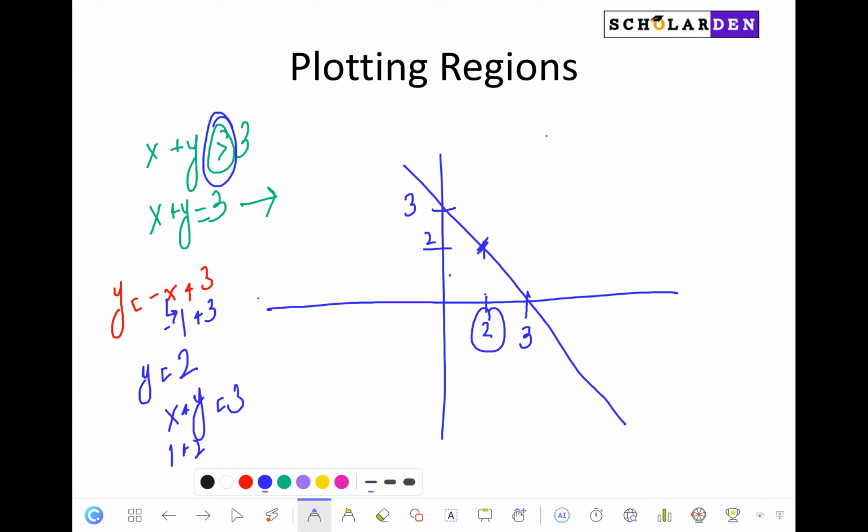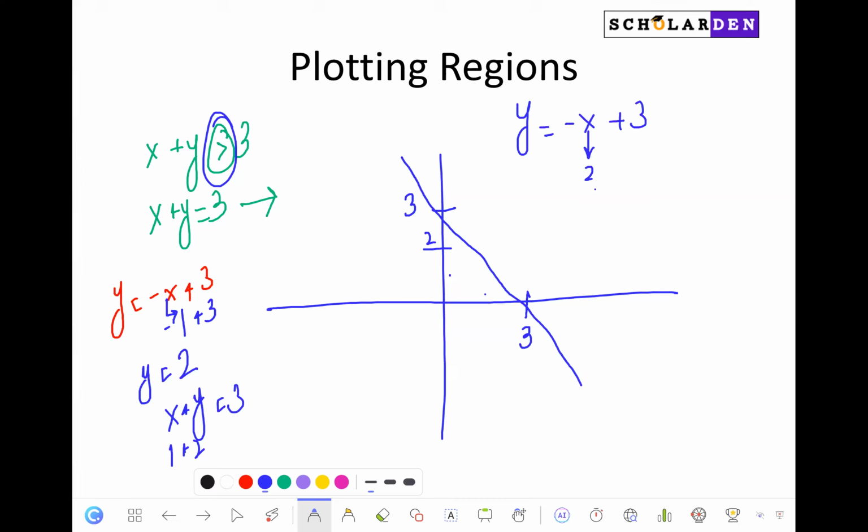Why is it valid? Because we have y is equal to -x plus 3. The point 2 and 2 is definitely part of the region, but it's not going to lie on the line. Let me quickly show you why. If we substitute 2 over here, we get y is equal to -2 plus 3, which is 1.